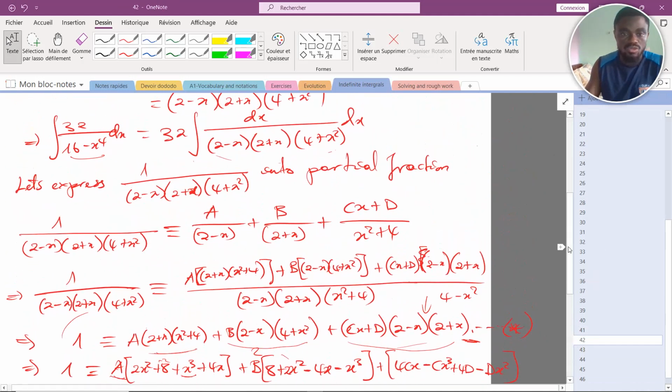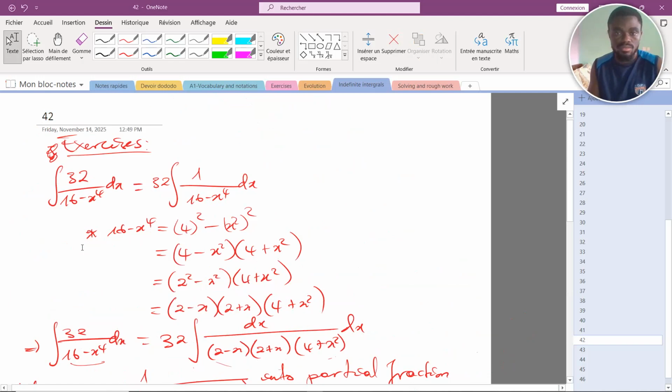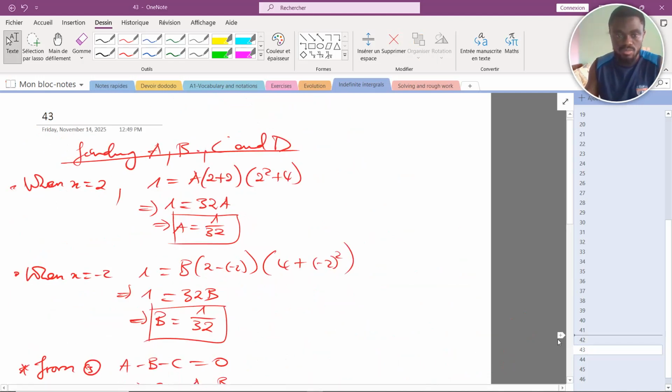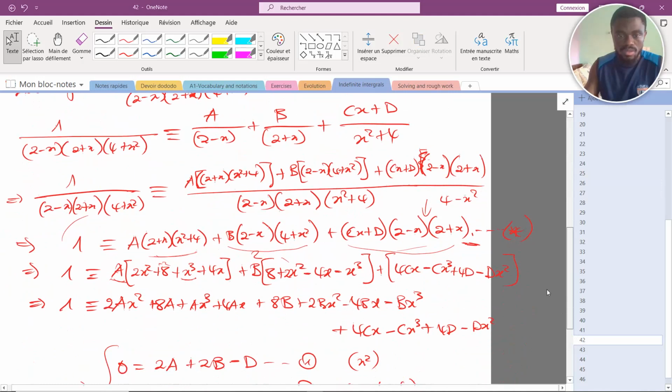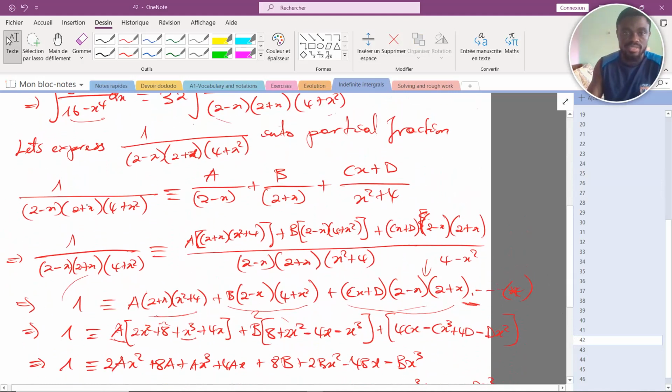So our aim was to express this in partial fraction.